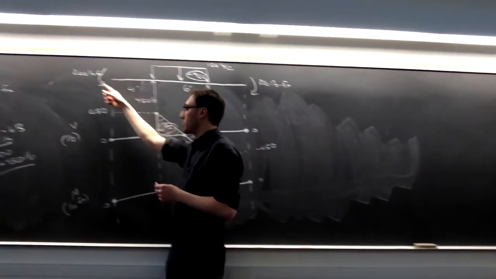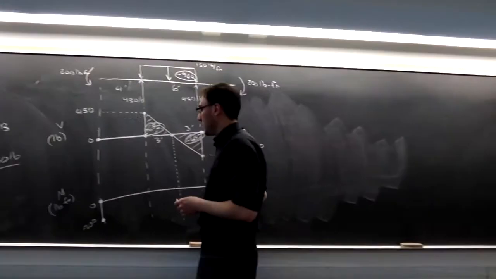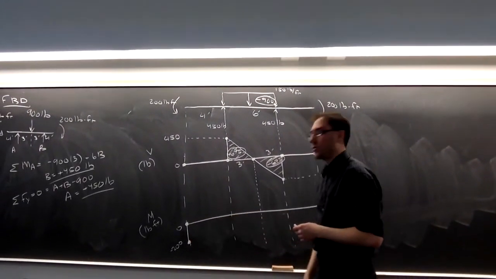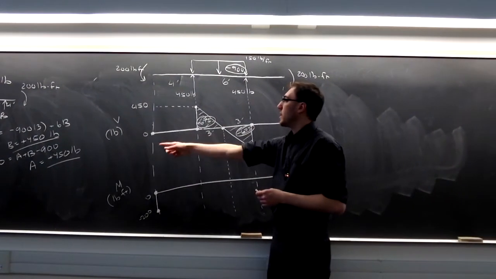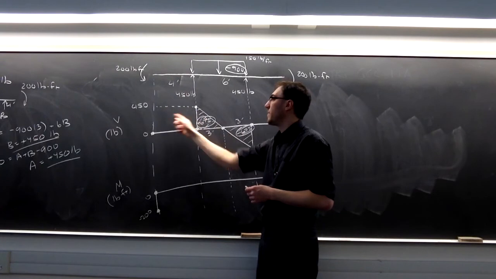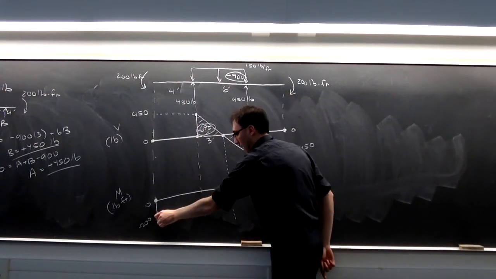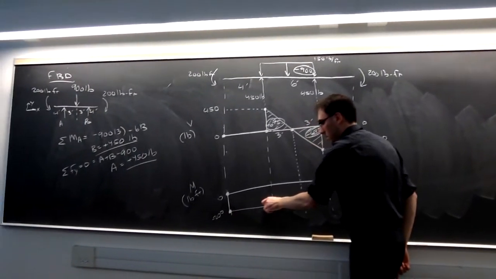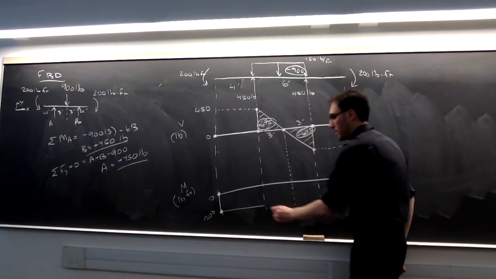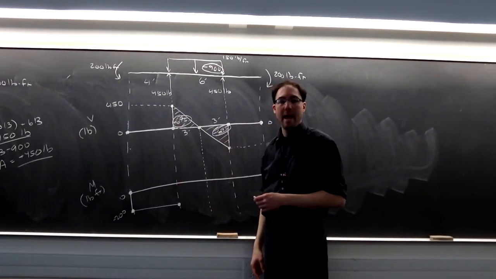So this will actually cause M to drop by 200 pound-feet, so we go down to negative 200 pound-feet. Between the lines, there's no couples up here, and the integral under the V is 0. So between this line and this line, M will also remain at negative 200. No point couples on the line, so there's no immediate jump in M.